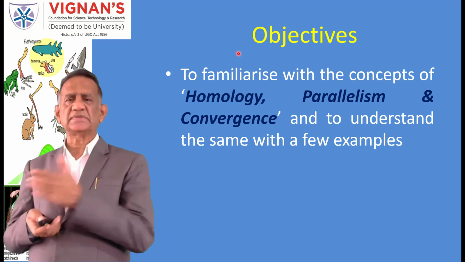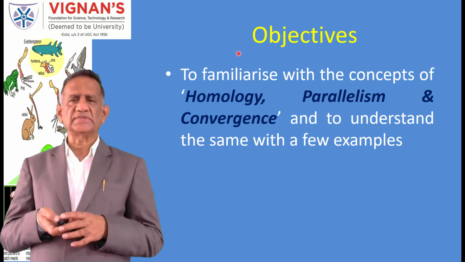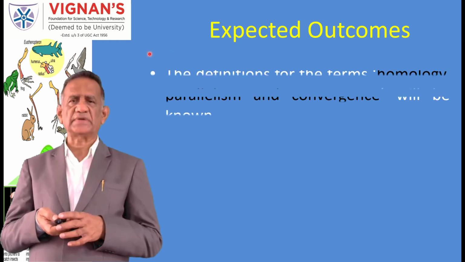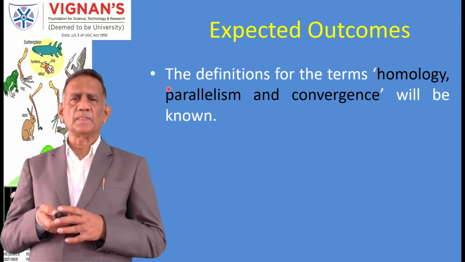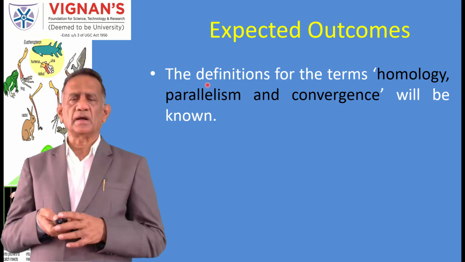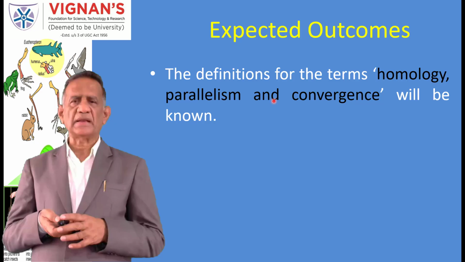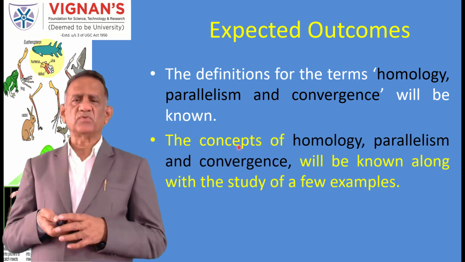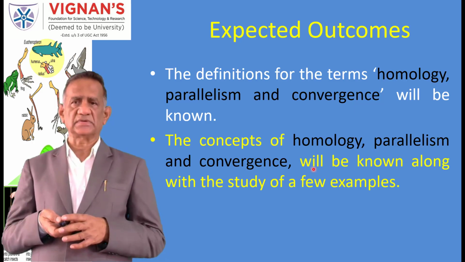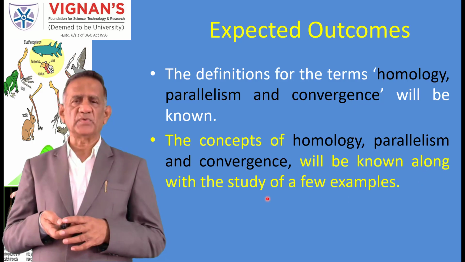These are all the mechanisms of the speciation. To understand the same with a few examples, the expected outcomes are that the learners are going to get to know the definitions for the terms homology, parallelism, convergence at the end of this talk. The concepts will be known along with the study of a few examples.